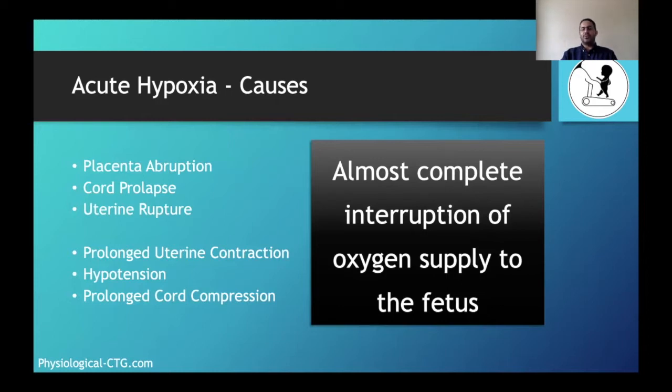The reality, most of the time, baby has about 30 milliliters of oxygen within its system at any given one time. The baby consumes about 0.5 milliliter per beat.